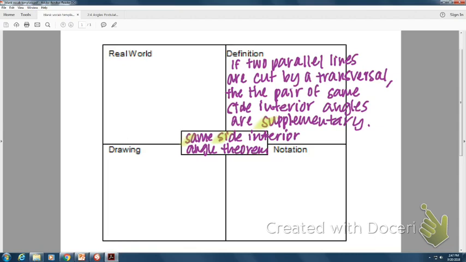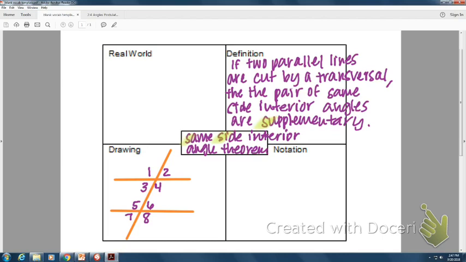So this time we have the same side interior angle theorem. Draw your same little diagram. What do you think same side means? Same side of the transversal. Interior: inside the parallel lines.